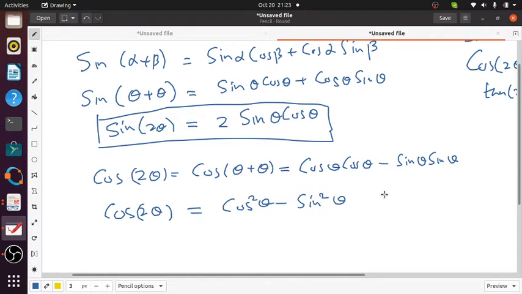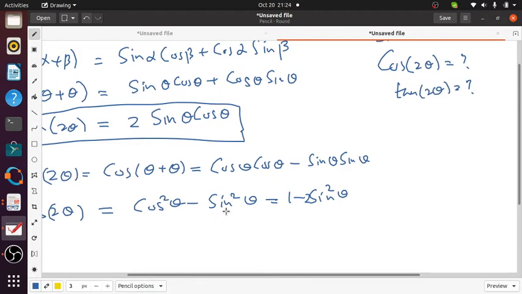But there are other forms as well. There are two other forms. Basically the original form is cos square theta minus sin square theta. The other two forms are taken by replacing either cos square theta or sin square theta. You can replace cos square theta using 1 minus sin square theta, and you get 1 minus twice sin square theta.